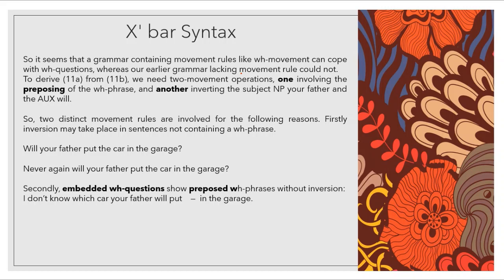Okay. So to derive 11a from 11b we need two movement operations, one involving the preposing of the WH phrase and another inverting the subject NP, your father, and the auxiliary will. We will see what we just talked about.